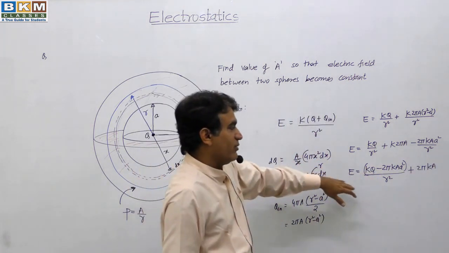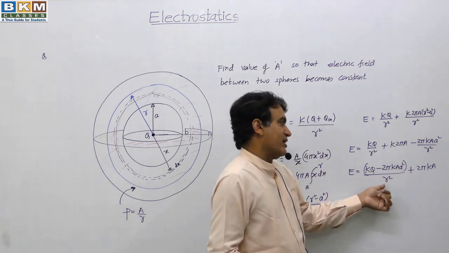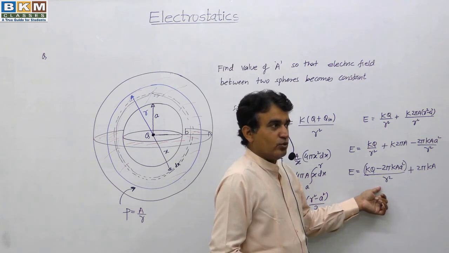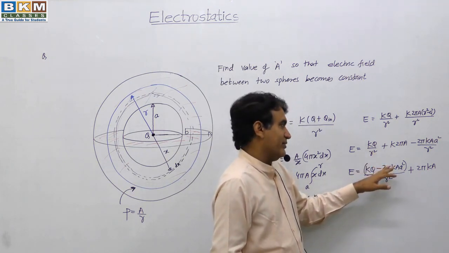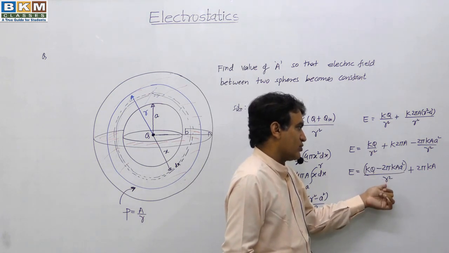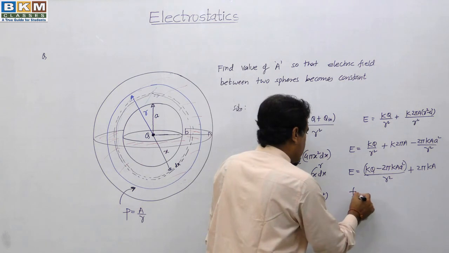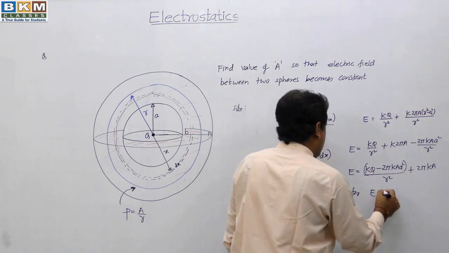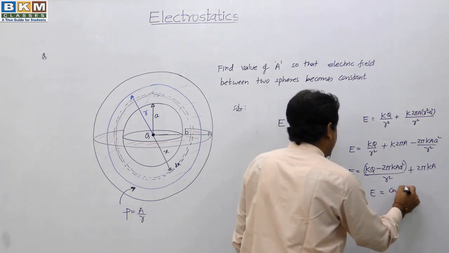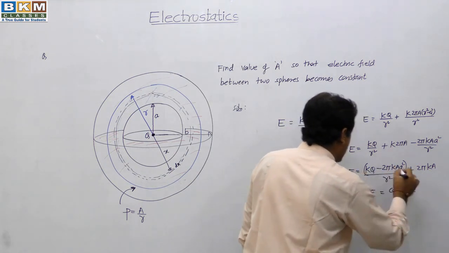It is given that the field should be constant. So this expression will be constant only when the term multiplying the 1 by r square factor is 0. If the multiplying factor becomes 0, then this 1 upon r square term gets removed from the expression. For E equal to constant, this numerator should be 0.